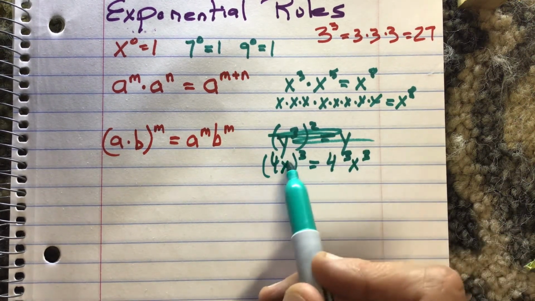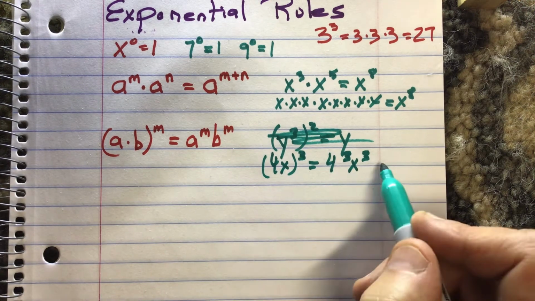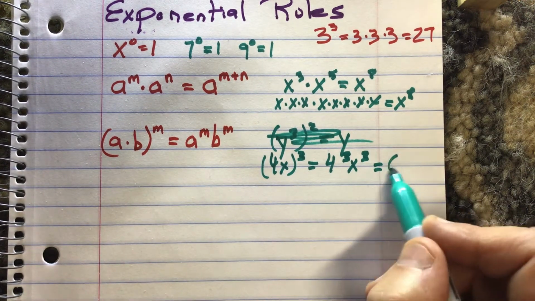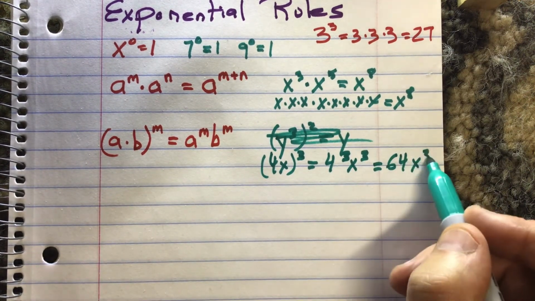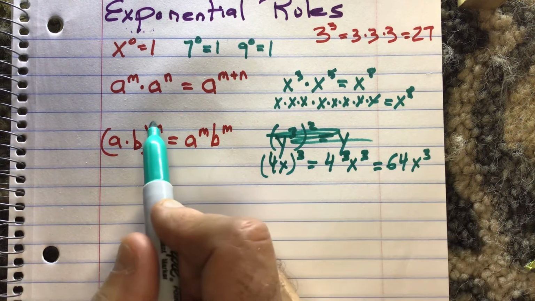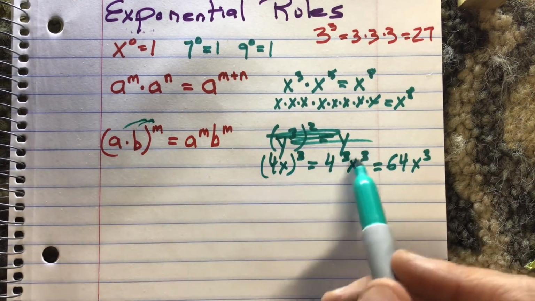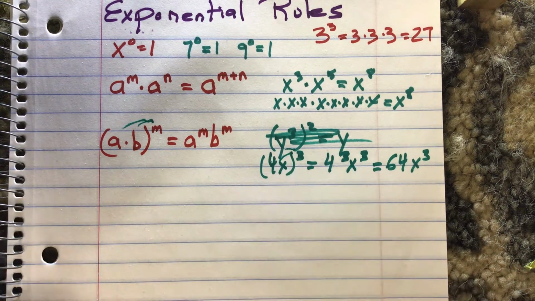So I'm distributing this exponent to each term, and 4 to the third is the same thing as 64, so 64 x to the third. So I'm sort of distributing this to both. Same thing here.